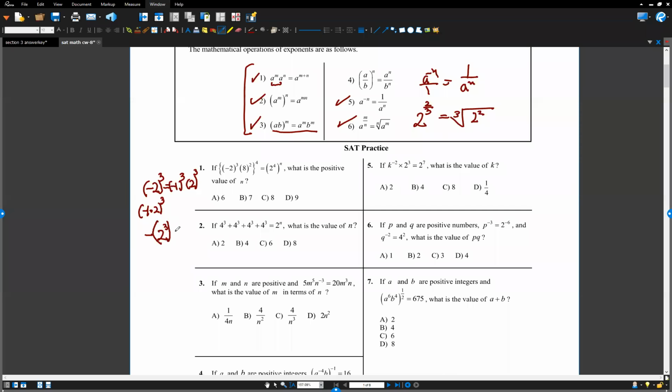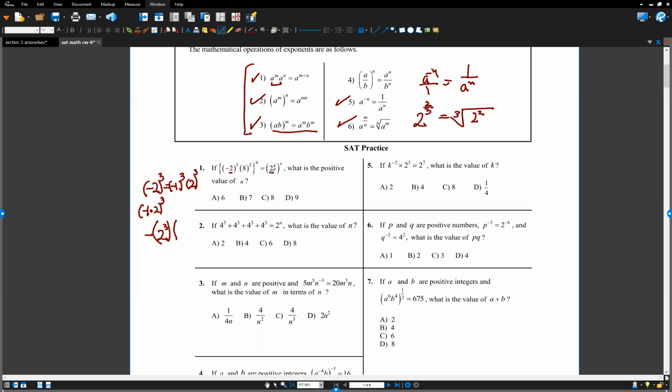We have another one, which is 8 to the 2. To simplify, we change this 8 into base 2. That is the easy way because they are base 2, isn't it? The idea when you solve an exponential equation is that we need a common base number.